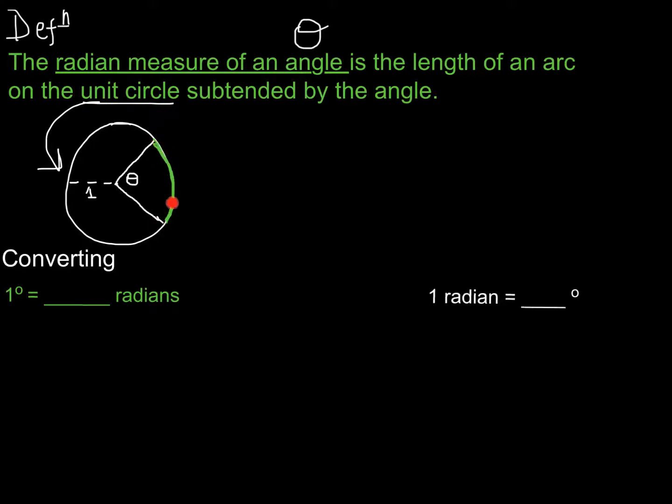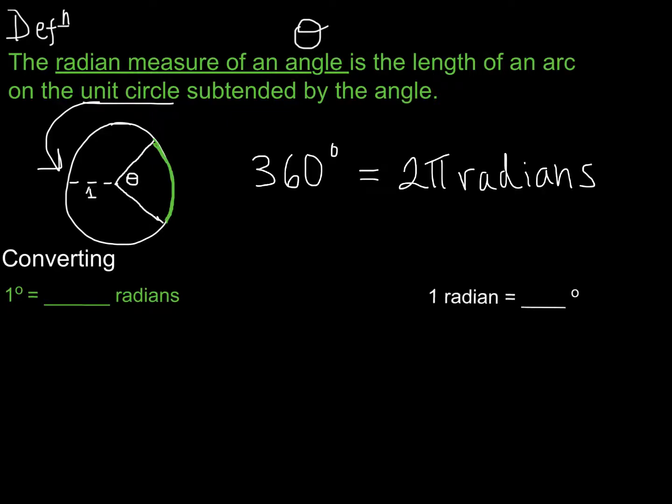That's this right here. This is the arc that subtends the angle because it closes that angle. And so we can just look at a unit circle with this degree measure and we can find the arc length. And now we have to include this one key piece of information that we found, which was when we looked at a full 360 degree angle, we found that that was 2 pi radians.